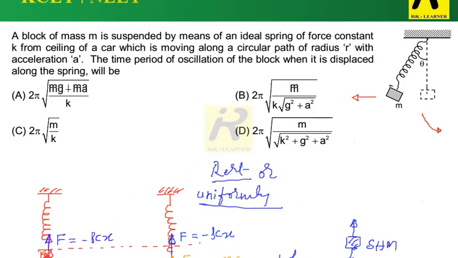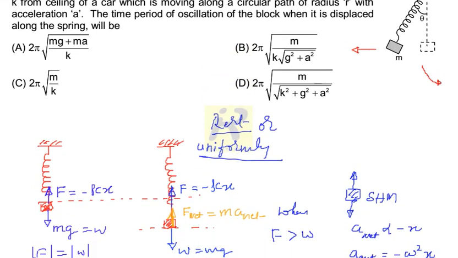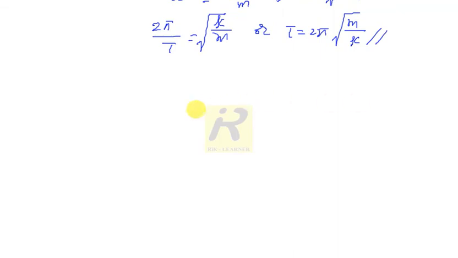In this question, it is said the spring is attached to the roof of the car and the car is moving in a circular path of radius r with acceleration a. That means the net acceleration is a. Here is the roof, and this is the vertical.